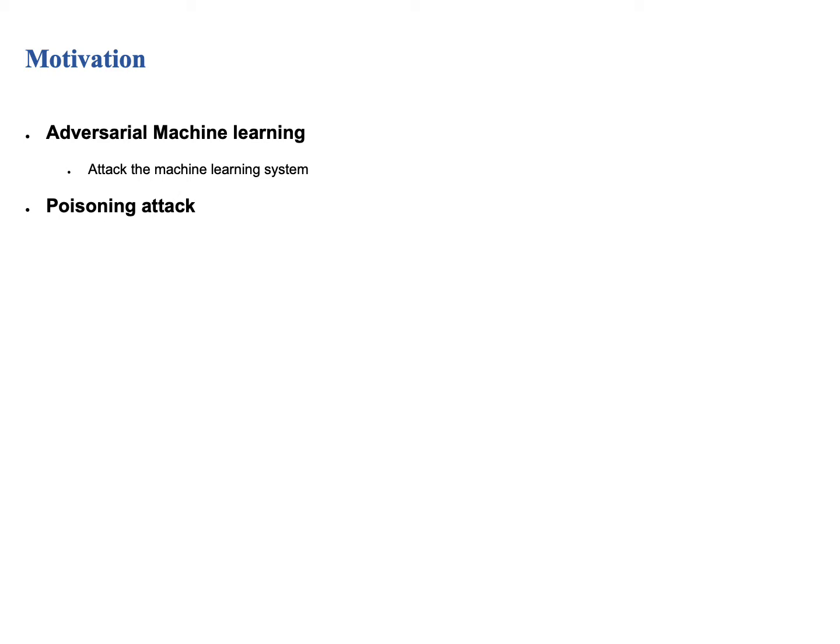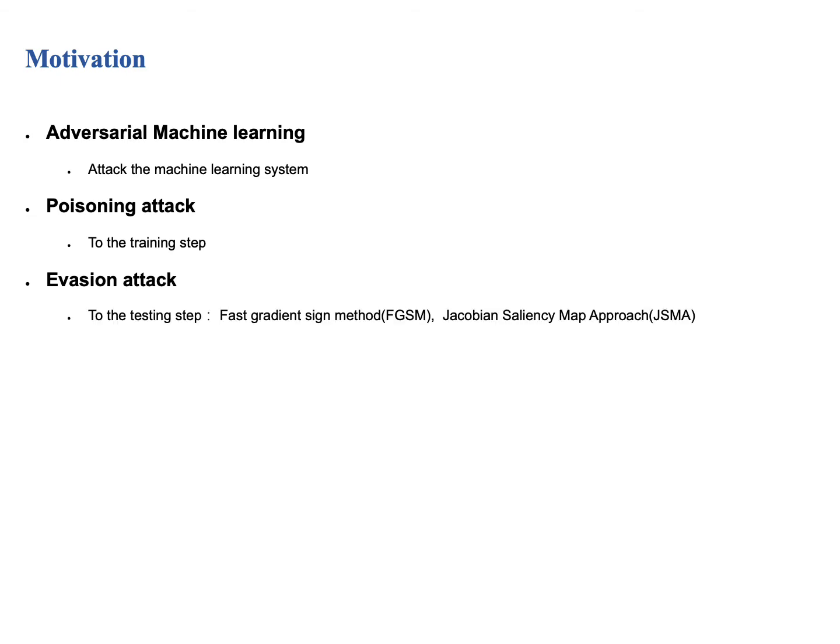From the technique point, we can divide adversarial machine learning into the poisoning attack and the evasion attack. Poisoning attack is mainly focused on the training step. Meanwhile, the evasion attack is focused on the testing step. We can also find some algorithms like the fast gradient method and the Jacobian map approach.